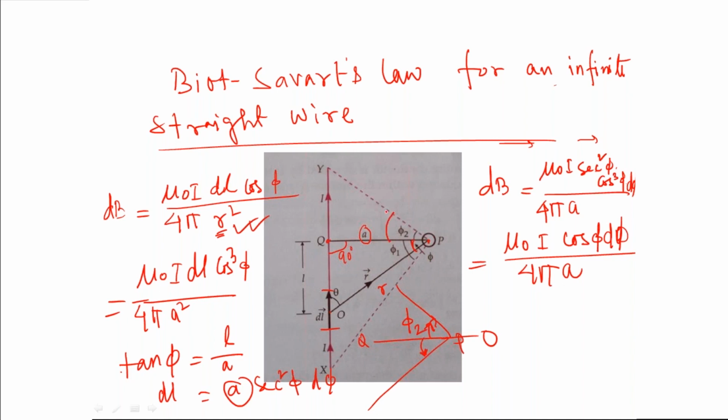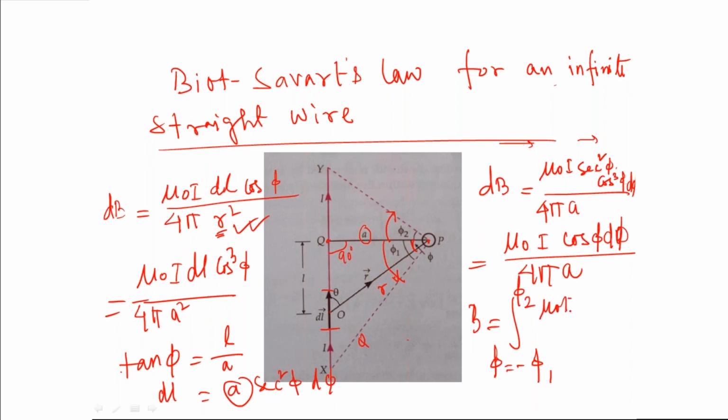I'll just remove this first one. So if I do the integration, I have to do it just for the angle itself. So phi goes from minus phi 1 to plus phi 2, and this will be mu 0 I cos phi d phi, divided by 4 pi a.